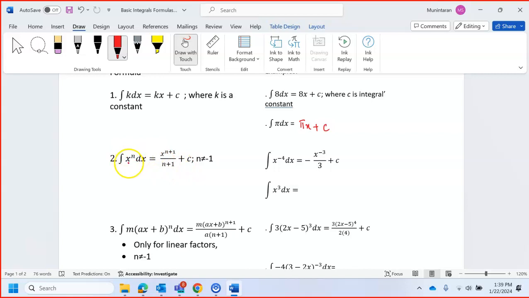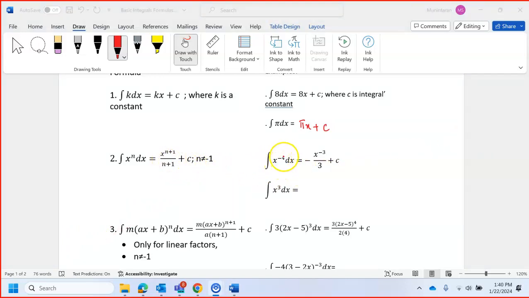Pi is just a constant. The next formula is x power n. You get x power n plus 1 divided by n plus 1, which is the reverse process of differentiation.